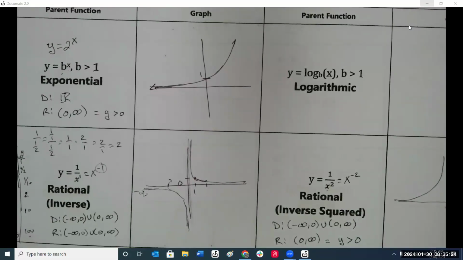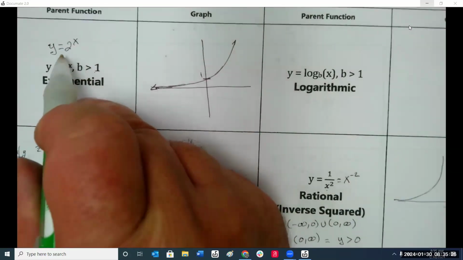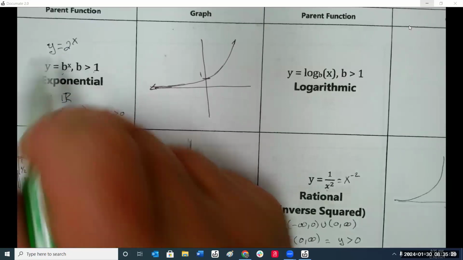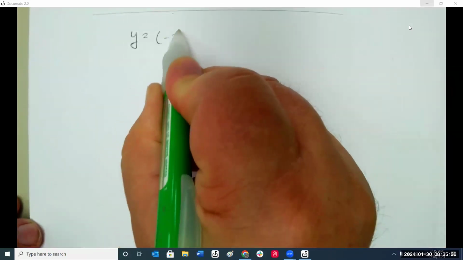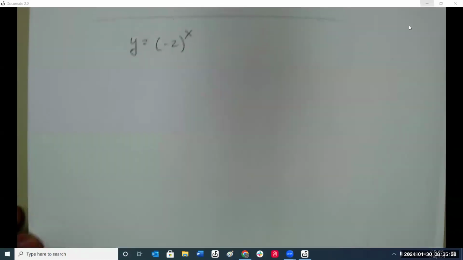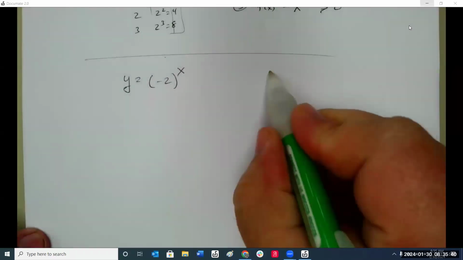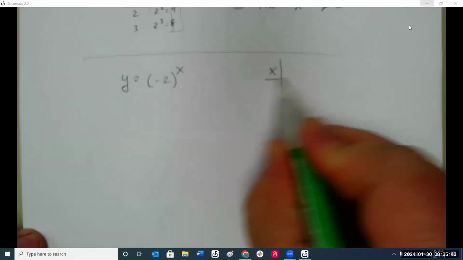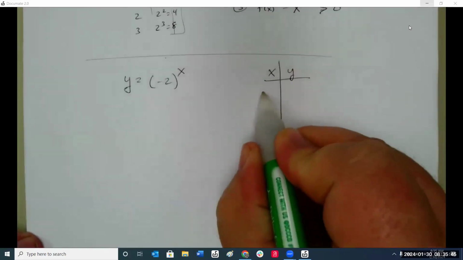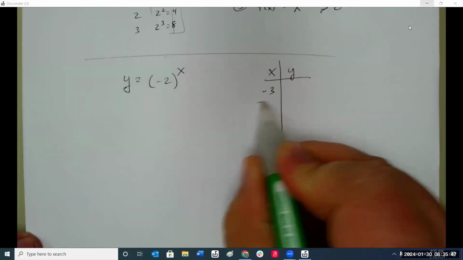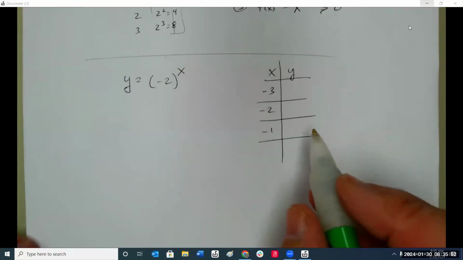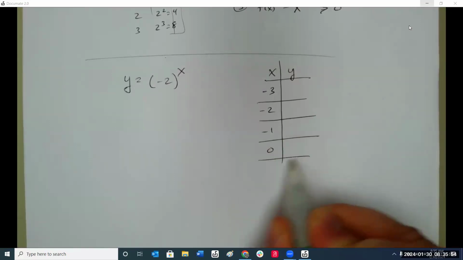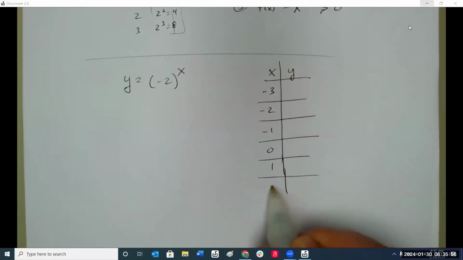Now, the reason the base cannot be negative. If we had to say -2, let's see what happens if we plot some points. Let's get some values. Let's say -3, -2, -1, 0, 1, 2.